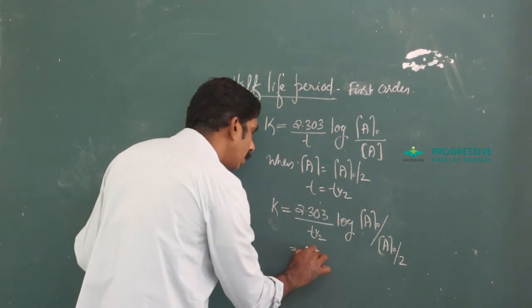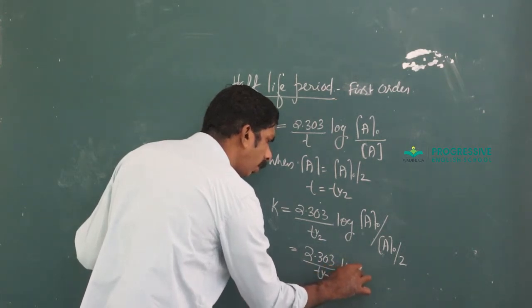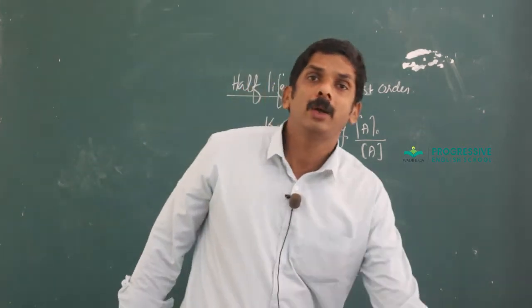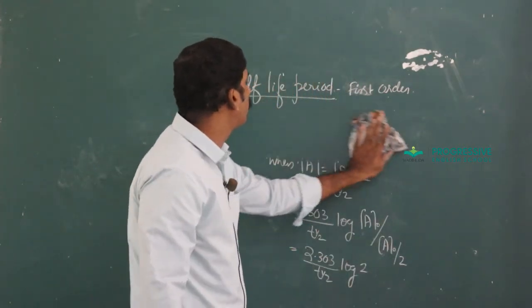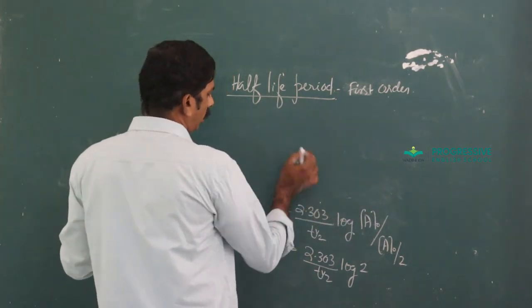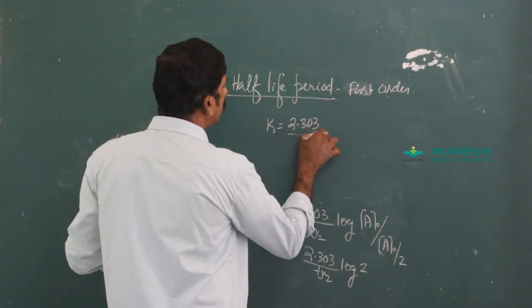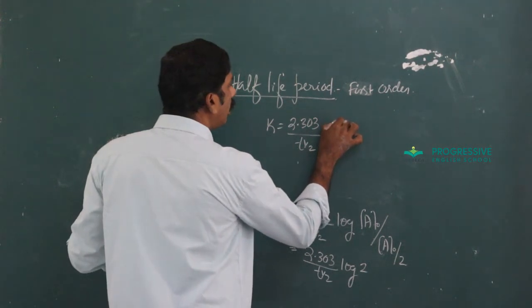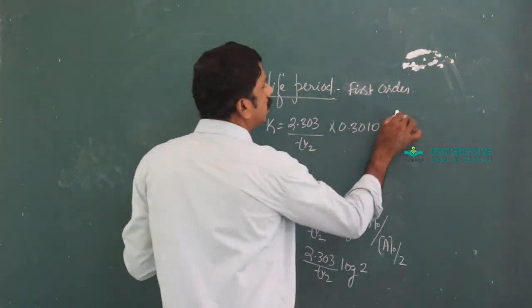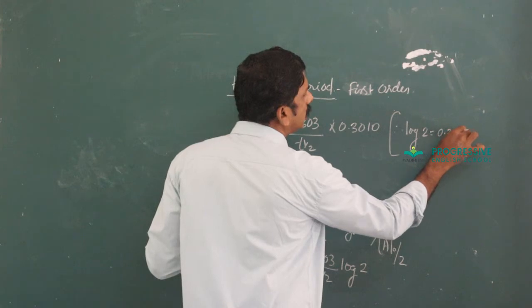It becomes 2.303 divided by T half log 2. You know the value of log 2 equal to 0.3010, so K equal to 2.303 by T half into 0.3010.